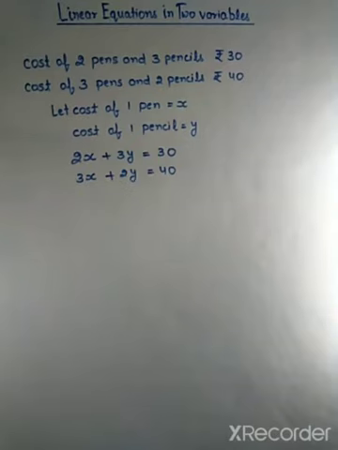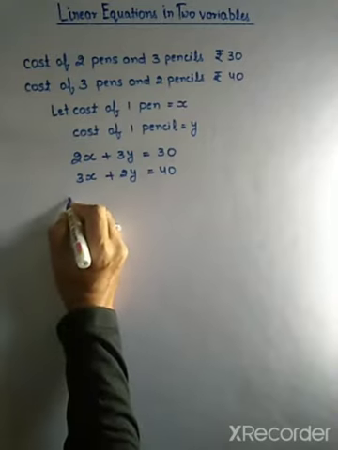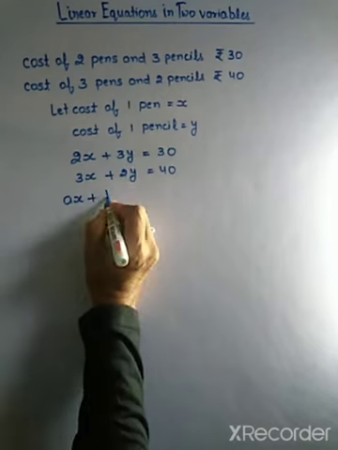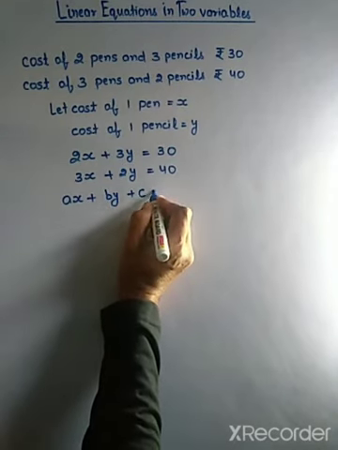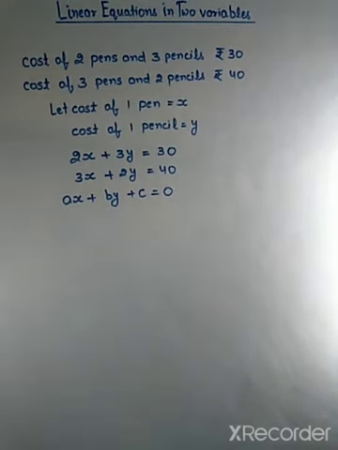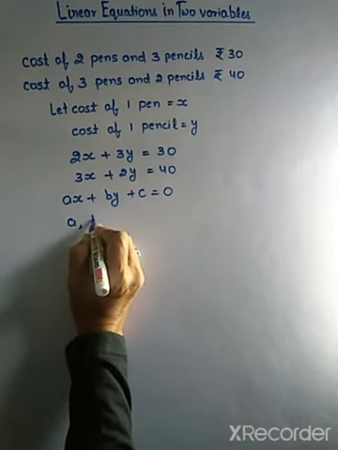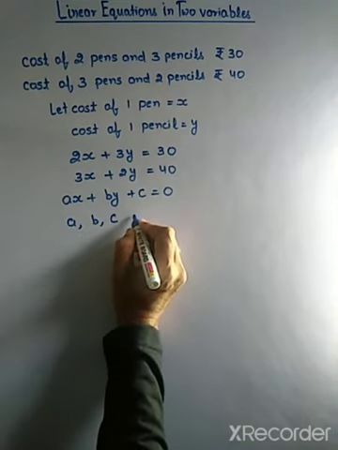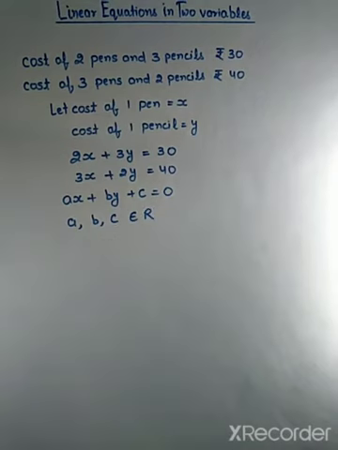You also know that an equation which can be represented in the form ax plus by plus c equals 0, where a, b and c are real numbers, and a and b are not both 0, is called a linear equation in two variables x and y.